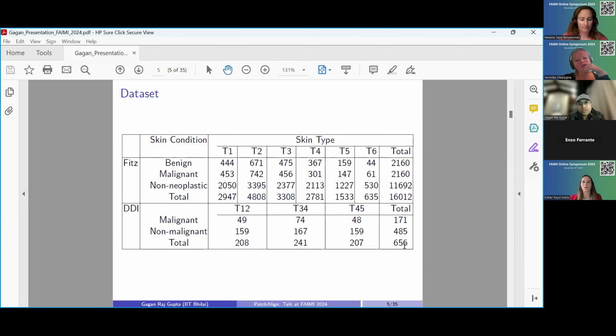Yeah, I mean, this is interesting, right? Either you make it very big, and then we can tolerate the noise. But also see, in DDI it was not divided into three skin conditions. We only did malignant and non-malignant. So it would be better if we had higher quality data sets, at least of the order of a few thousands.